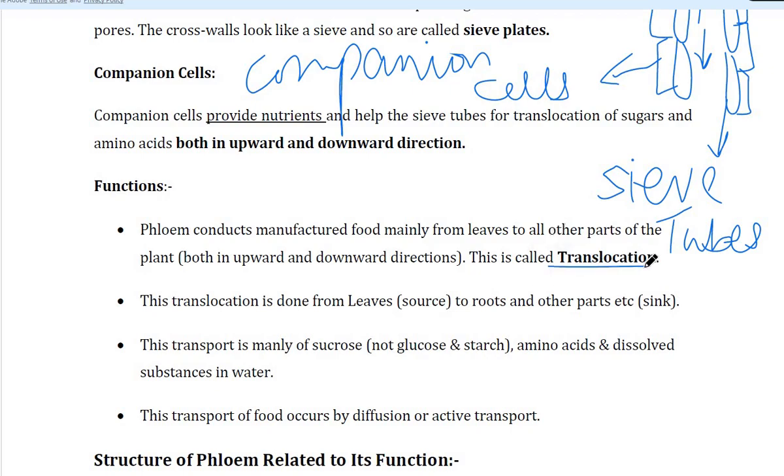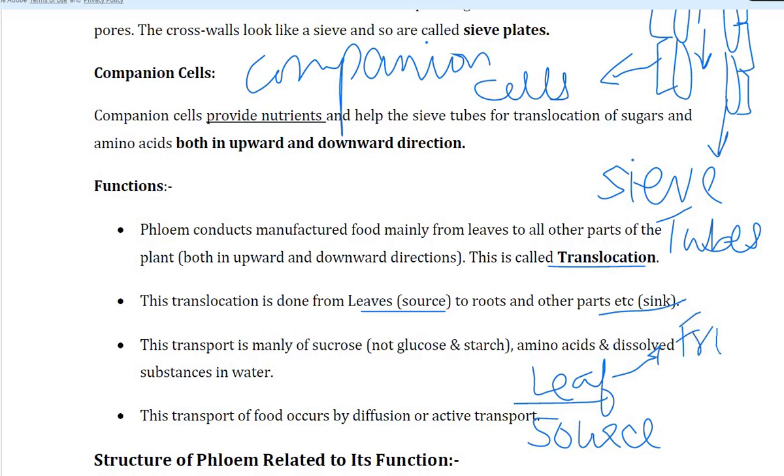Okay, now very important part is source and sink. Like for example, photosynthesis happened and glucose is manufactured inside the leaf. So leaf is source. Now from this leaf, glucose has transported to fruit. That's why we feel sweetness in fruit.